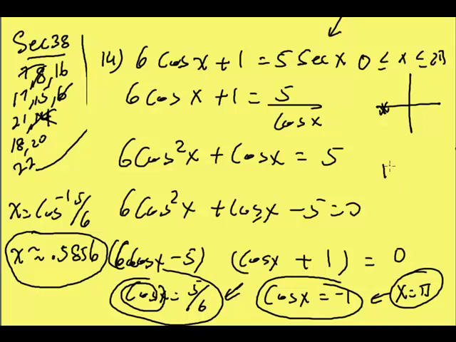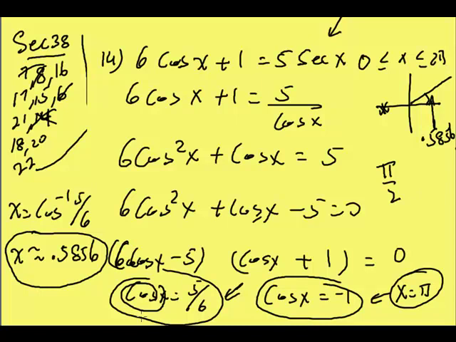Or is that bigger than pi over 2 or smaller than pi over 2? What's pi over 2? Well, pi is 3.14. So when you divide pi by 2, what are you going to get? 1 point something, right? So that means this angle is located here, and that angle there is 0.5856. It's just in radians.